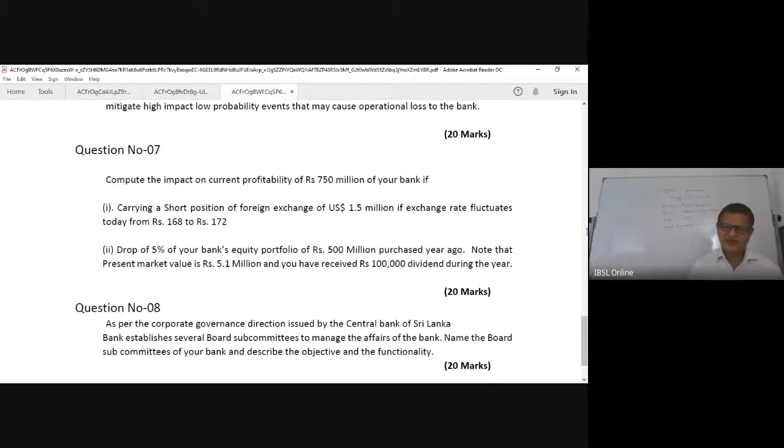So the objective of the ALCO is vivid. It is managing liquidity and also performance, and also part of risk management. Liquidity management also comes under risk management.